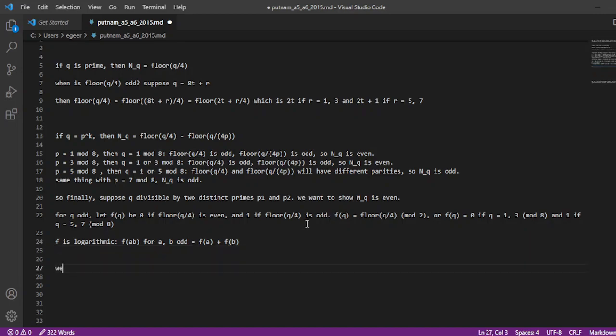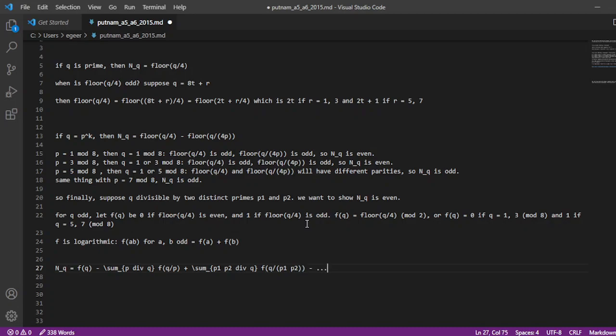And now we can express N(Q) as a sum. It's not quite over the divisors. It's more like F(Q) minus F(Q over P) plus F(Q over P1 P2) minus, so it's something like this.